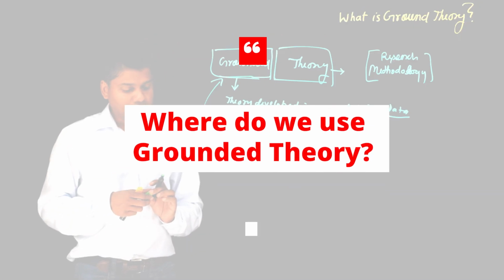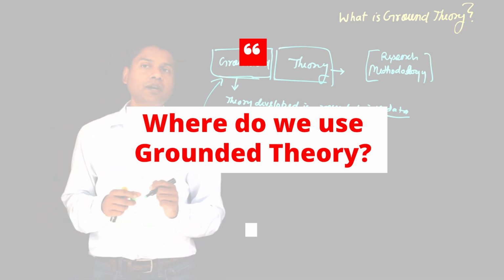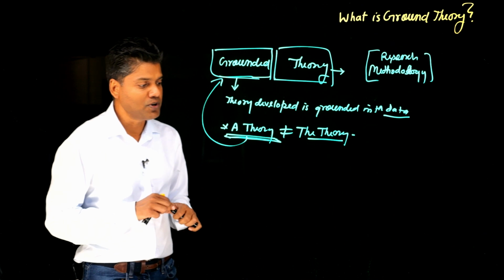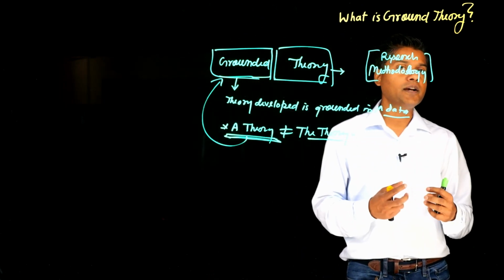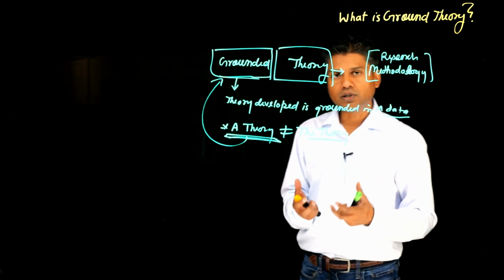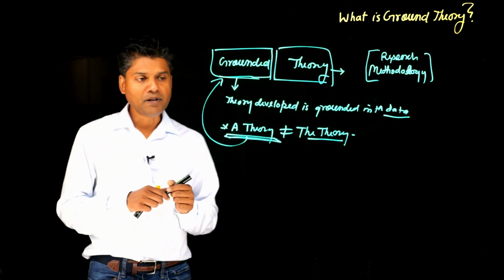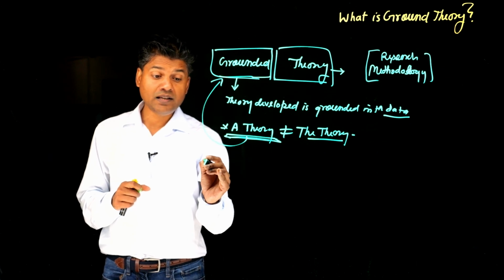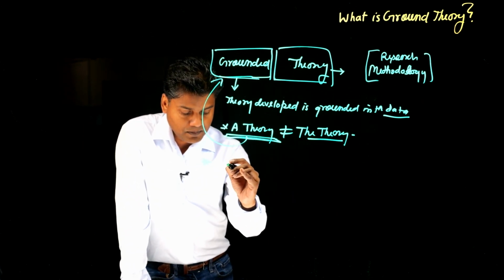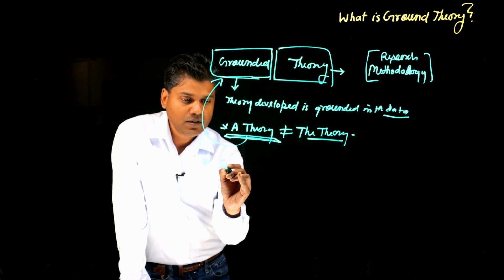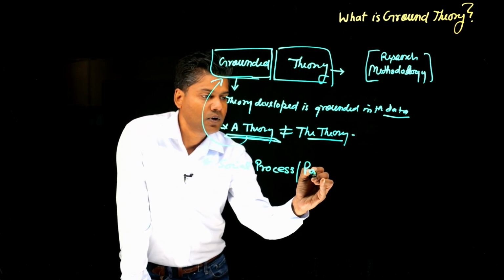Now let's move to another question: where is grounded theory used? What kind of phenomena, research questions, or research problems does grounded theory answer? Always keep in mind, grounded theory is unique in the sense that it helps you develop or understand social processes or patterns.